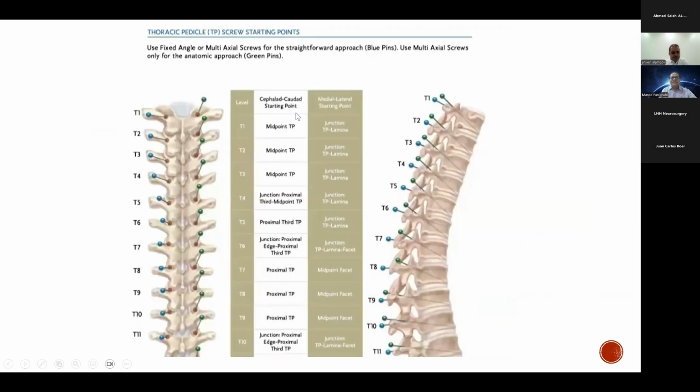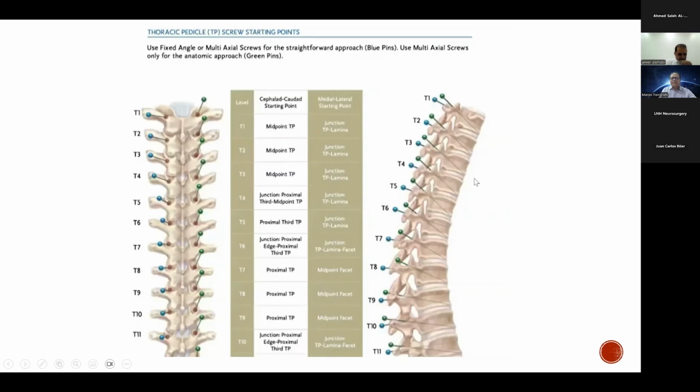So this is the summary of the entry point of all the thoracic vertebrae. You can see that T1, T2, T3 is the middle part of the transverse process, whereas from T5 it is the proximal third towards the upper part till T9, and again when you come down to D11, 12, it comes to the midpoint.